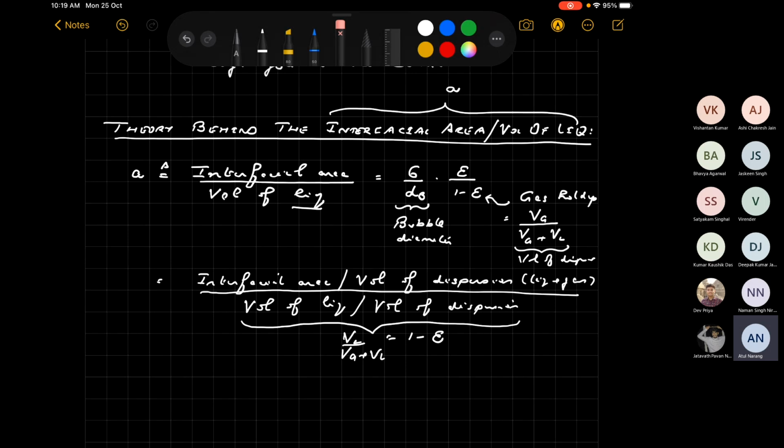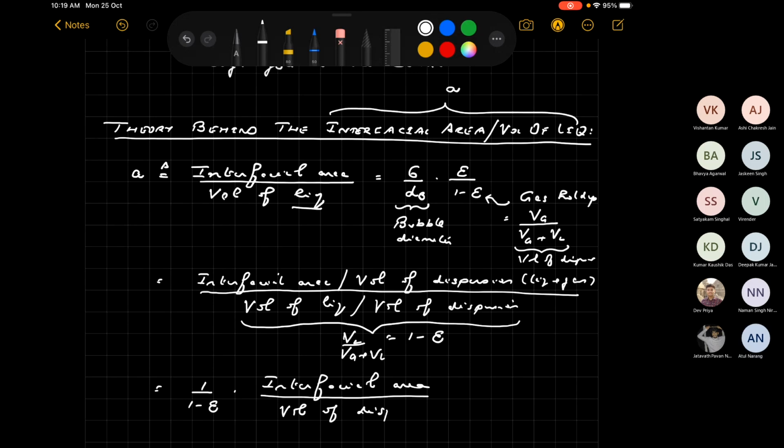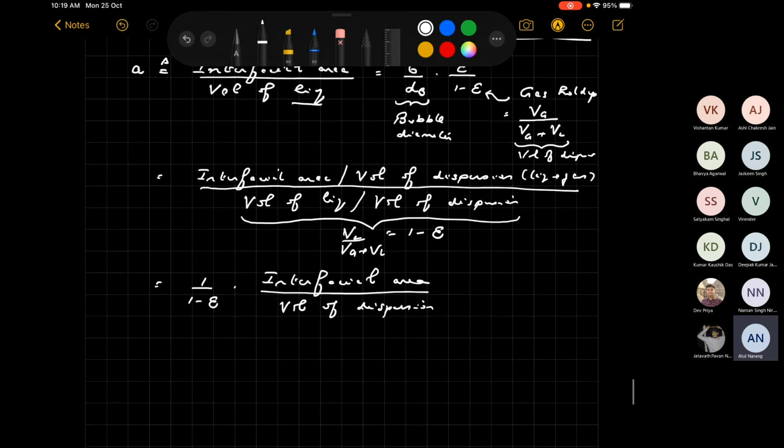So basically what I get is that A is equal to 1 over 1 minus epsilon, multiplied by interfacial area per volume of dispersion. Okay. Now, I'll simplify this a little bit further.